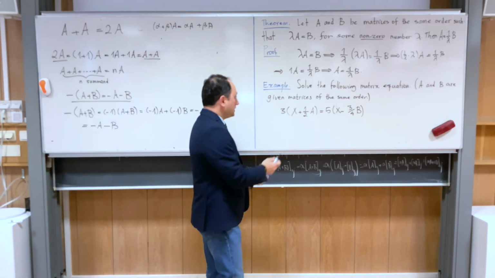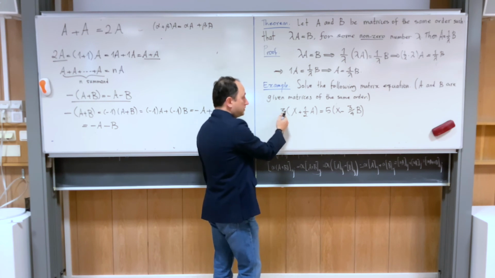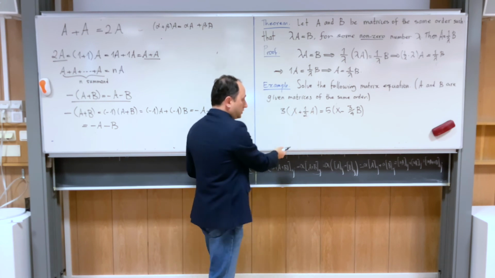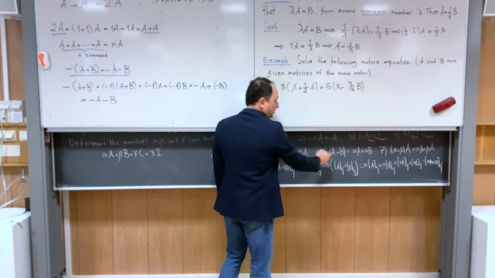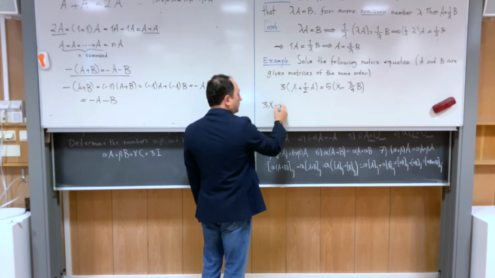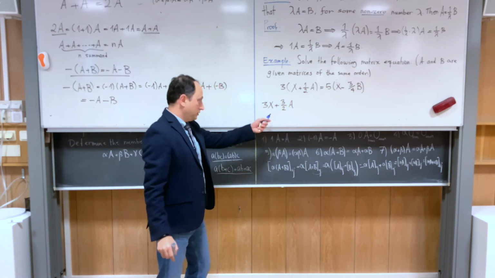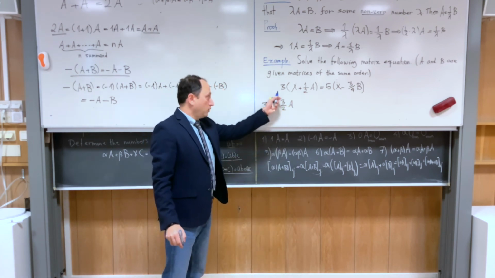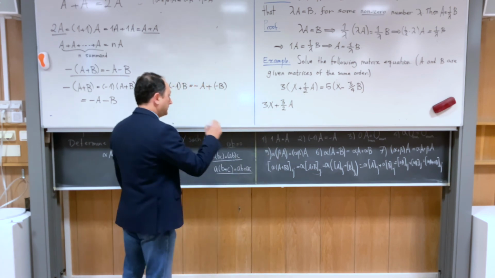Okay, now you see I have the sum of two matrices and there is a number. I want to multiply this number by this sum. According to the rules on this theorem, I can do that exactly according to this rule. I can multiply 3 inside, so it will give me 3X. But can I write 3 over 2 A? Be careful, it seems a ridiculous question, but it is not. Why I can multiply this here and write it 3 over 2 is because of this.